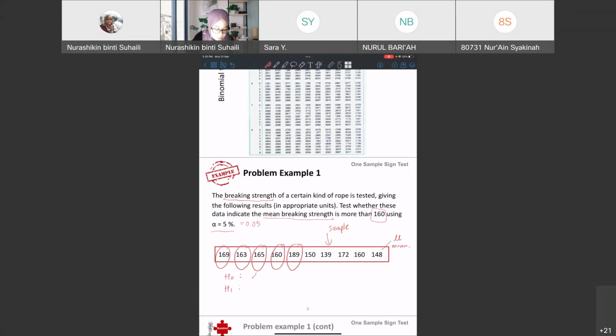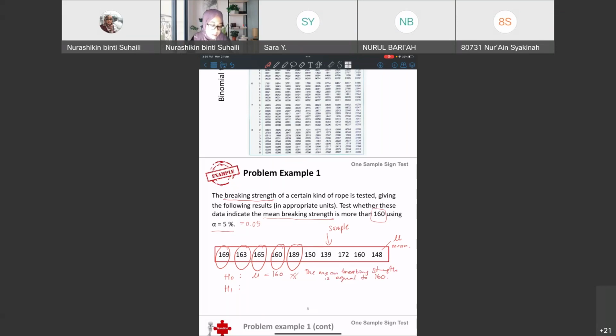Means that it is the same. So the mean is equal to 160. Or you can put it in words like this also can, but if you want to make it more understandable for you, you can say that the mean breaking strength is equal to 160. Okay, no change. That's null.